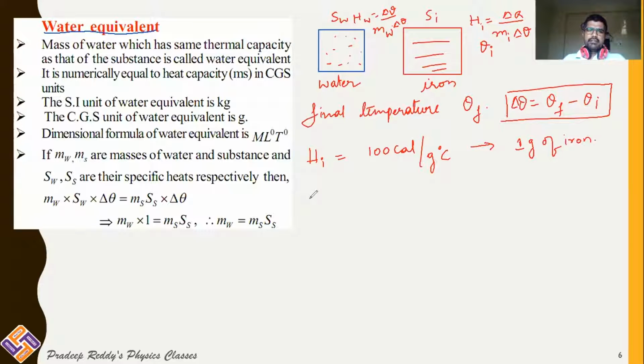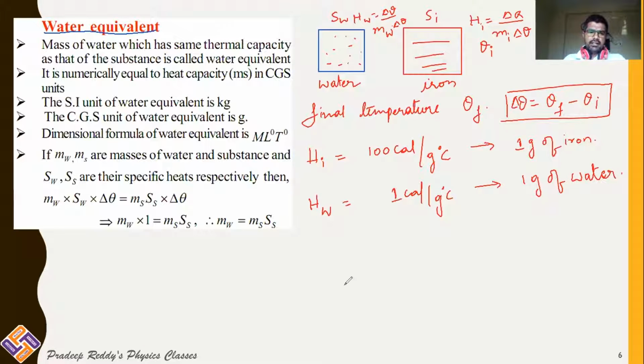Water's specific heat is H of water, which is equal to 1 calorie per gram degree Celsius. This is for 1 gram of water. For 1 gram of water, 1 calorie is required to raise its temperature by 1 degree Celsius. For 1 gram of iron, we are imagining it is 100 calorie to raise its temperature by 1 degree.